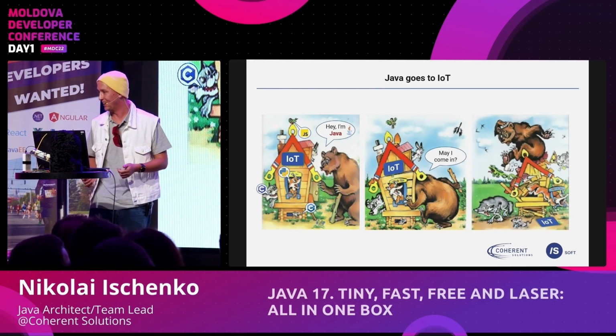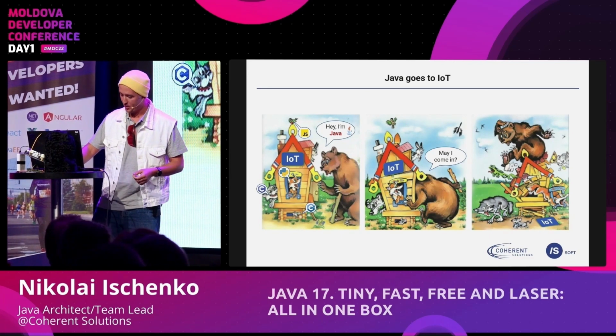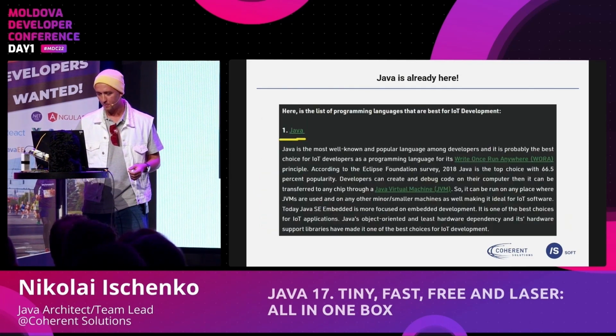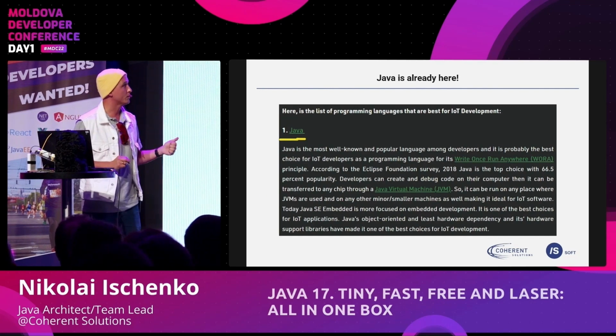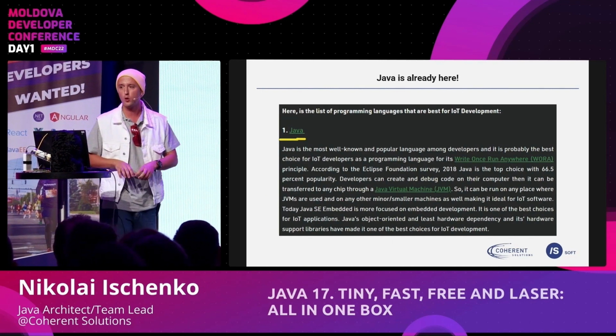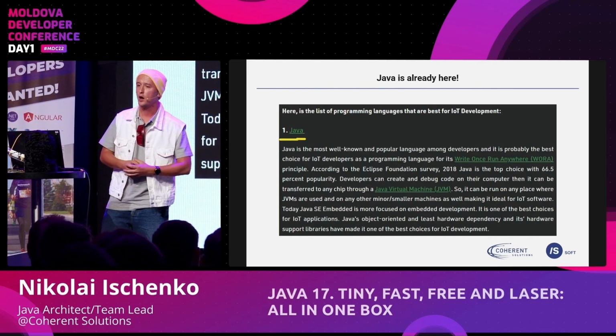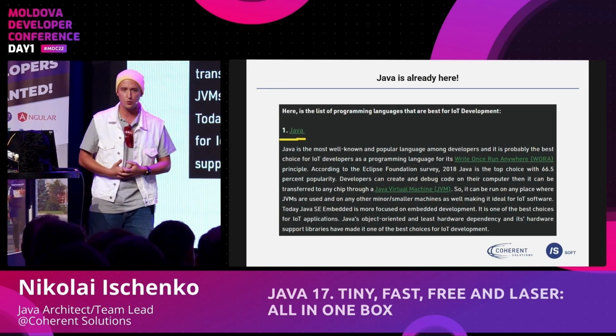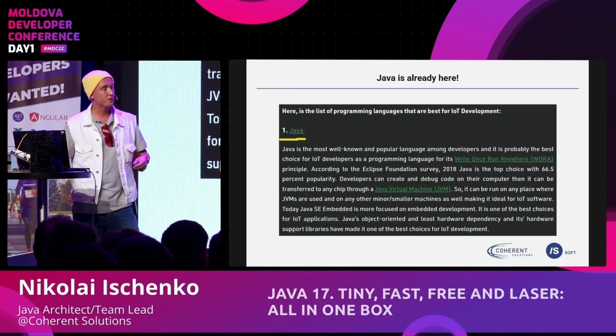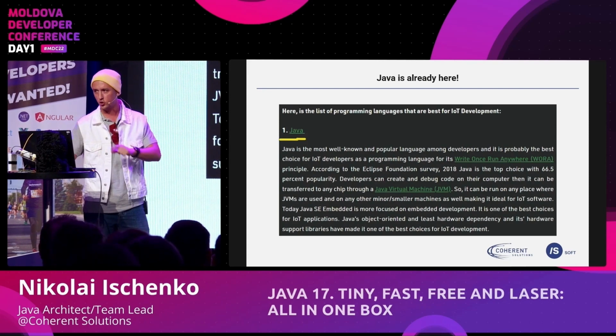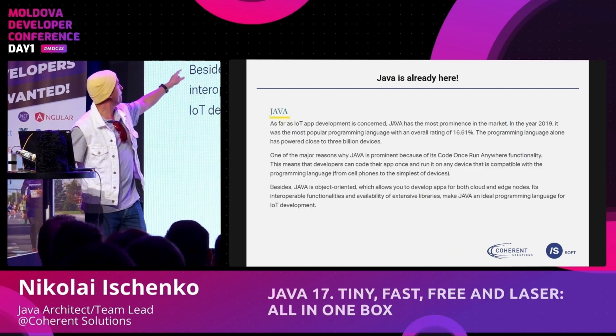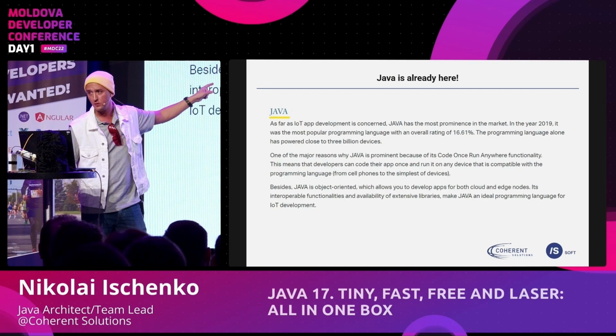Maybe yes. Let me be a Mythbuster, because I Googled the most popular or most useful programming languages for the Internet of Things. The first three results from Google placed Java in first position.